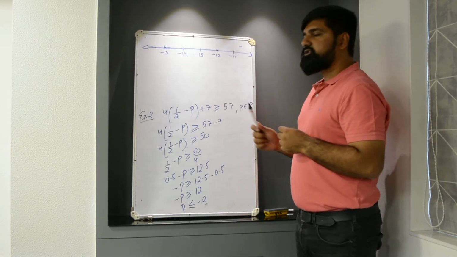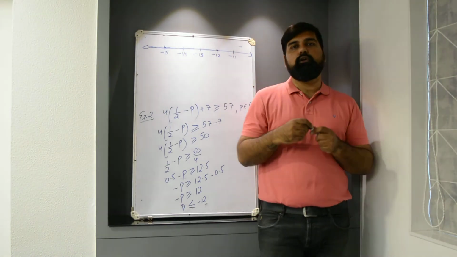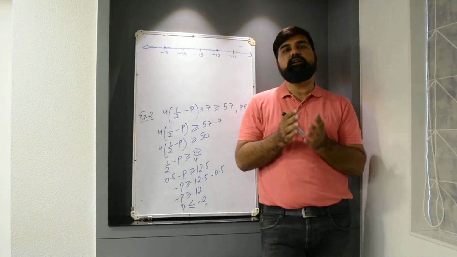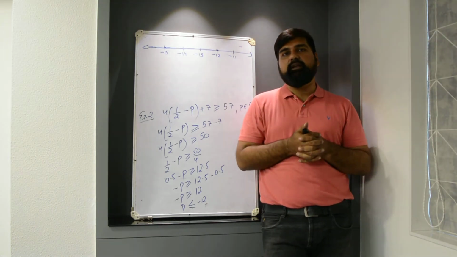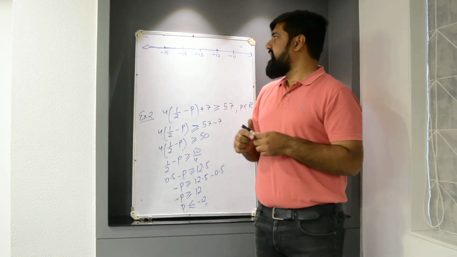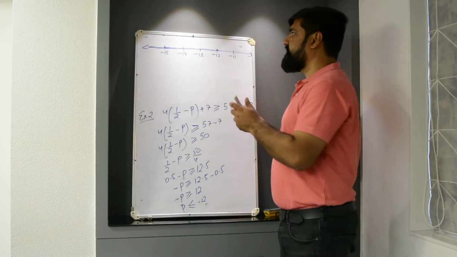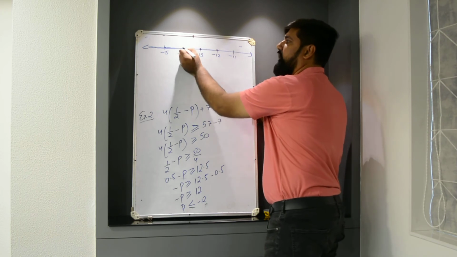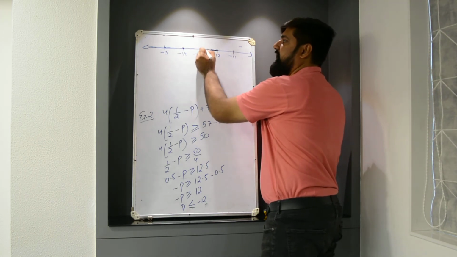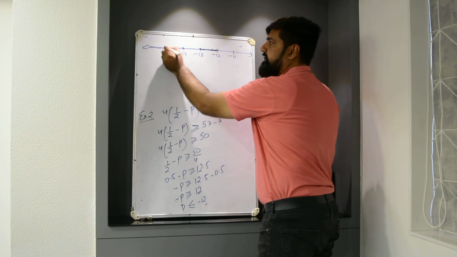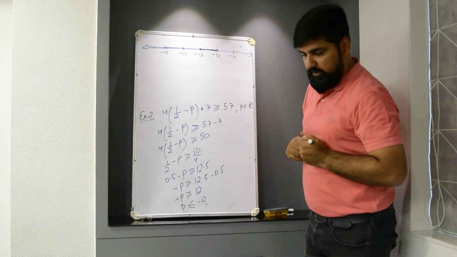Because P belongs to R, that means it will also include all the rational numbers which are between the digits, and there are infinitely many rational numbers between the digits, and that is why from minus 12 till minus 13, minus 14, minus 15, along with that we also have to highlight these lines to indicate that these are the solution of the equation.